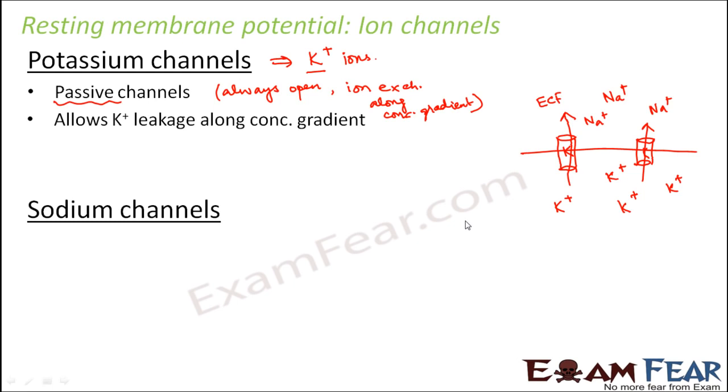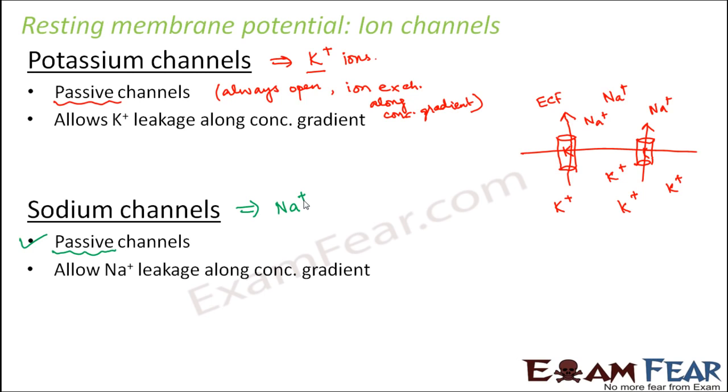Now these sodium channels are also passive channels, that is, they are also open all the time, but as the name suggests, they allow the passage of sodium ions. So they allow sodium ion leakage along the concentration gradient. So these are going to be the sodium channels.